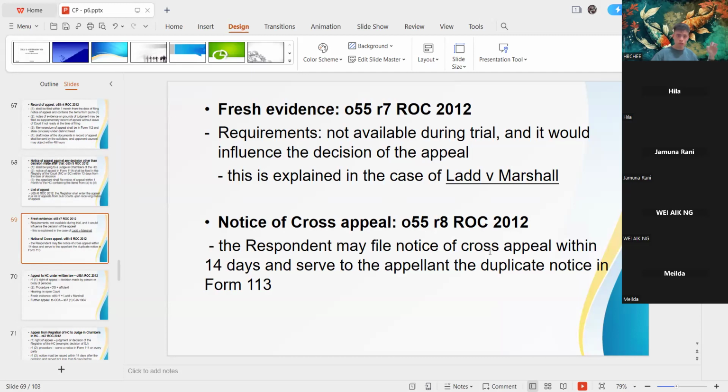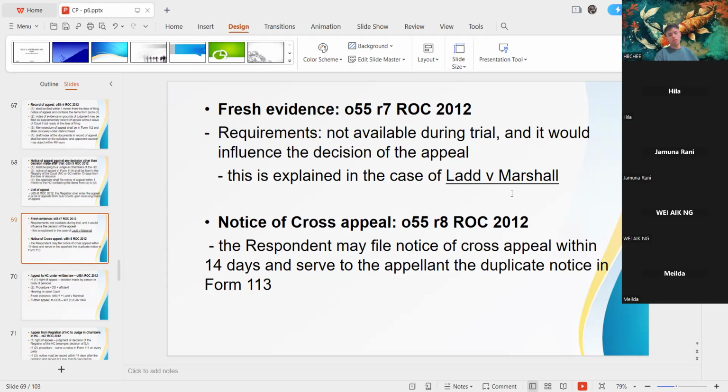That's why if you want to admit the fresh evidence, you have to satisfy the criteria. And this is explained in the case of Lett and Marshall. No matter whether you appeal to the High Court, Court of Appeal, or Federal Court, when dealing with fresh evidence, just use this case. Okay?